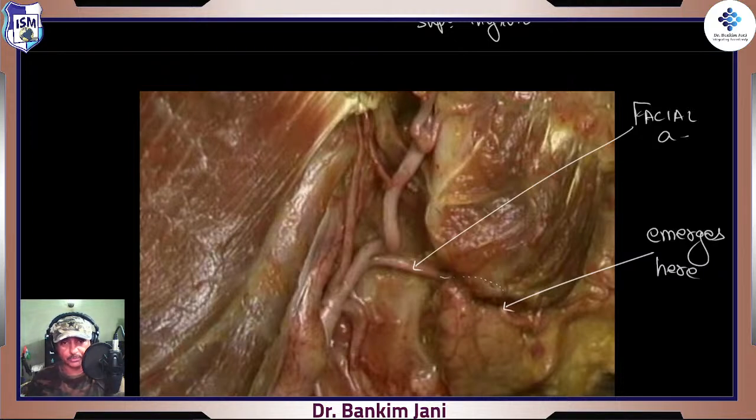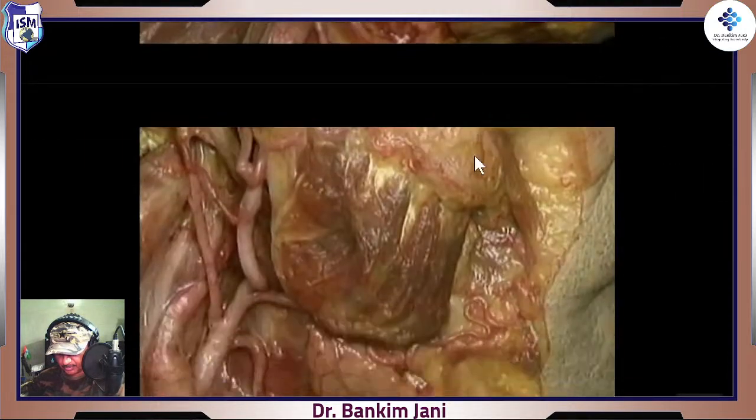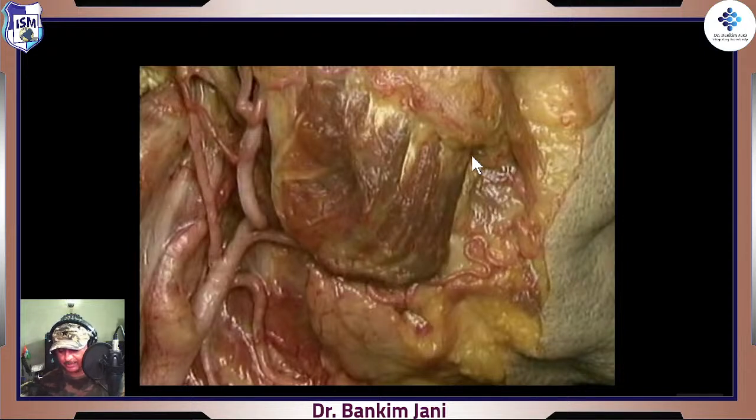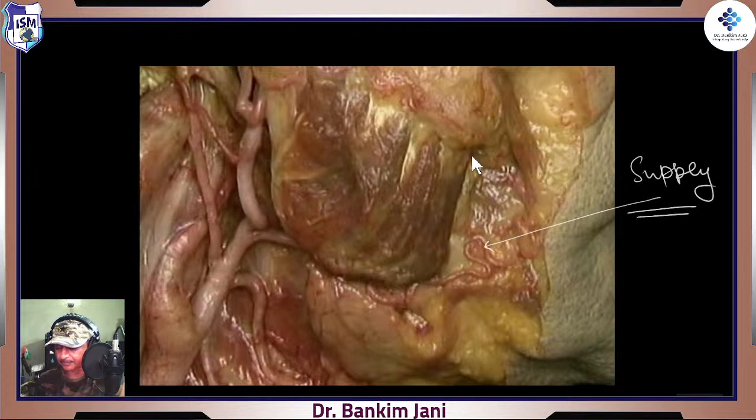It is moving further, all the way, and it will supply the lower part of the face.